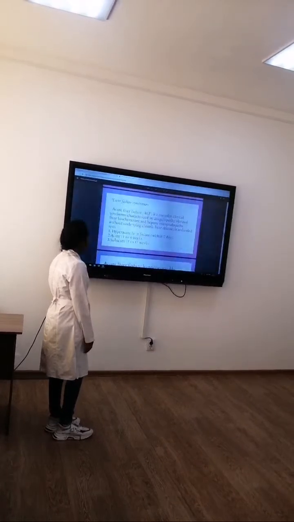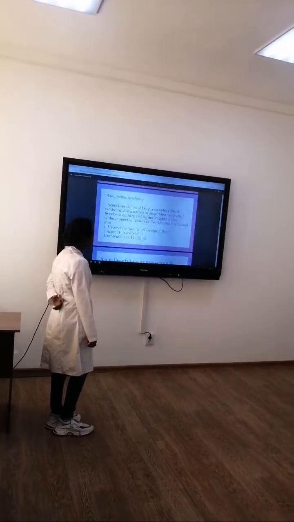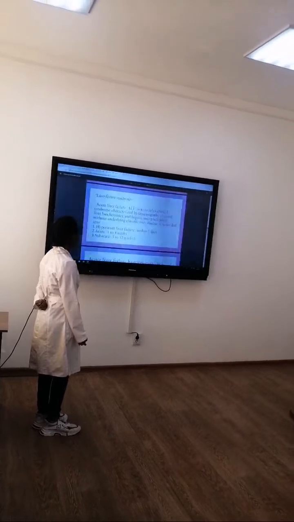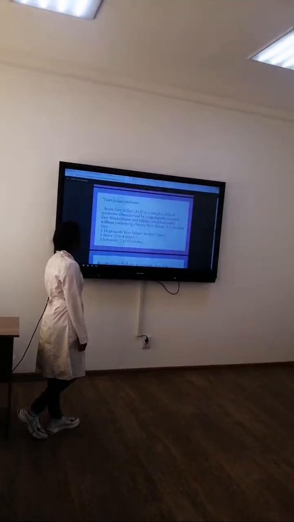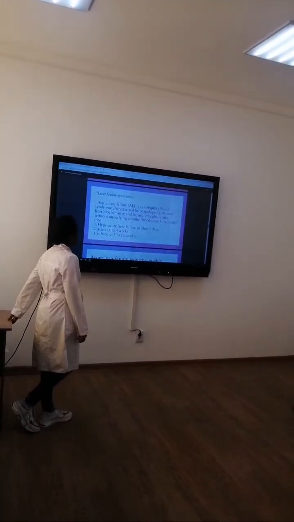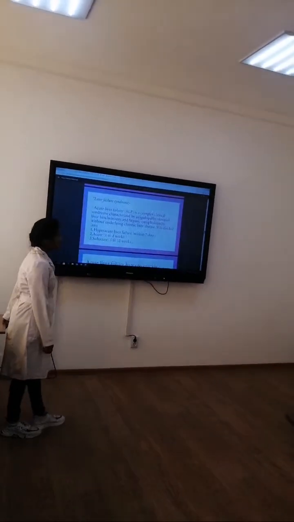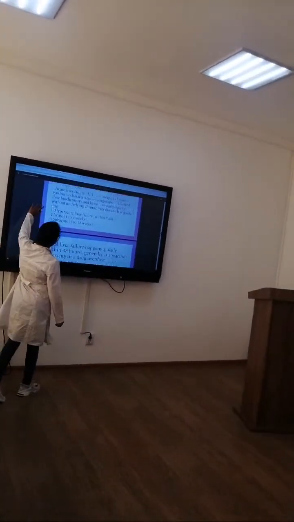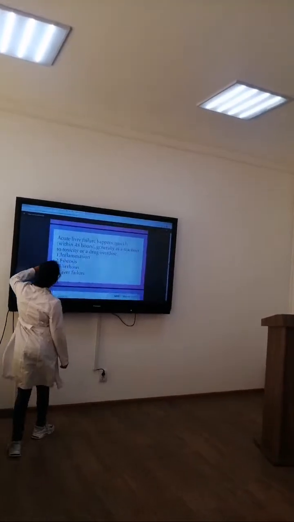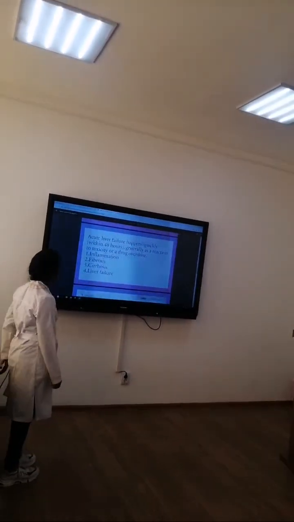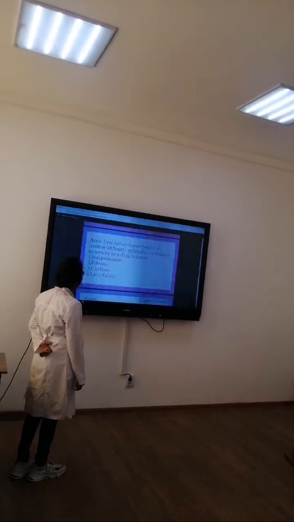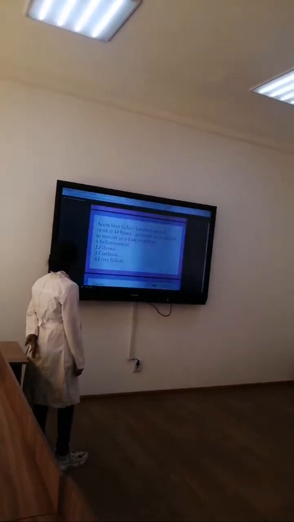It is divided into hyperacute liver failure within 7 days, acute at 1 to 4 weeks, and subacute at 5 to 12 weeks. Acute liver failure happens within 45 days, generally as a reaction to toxicity or a drug overdose.